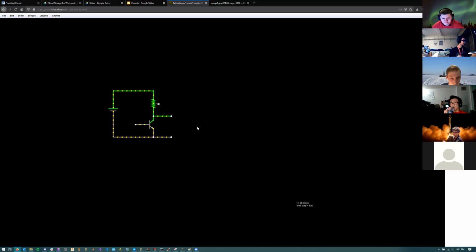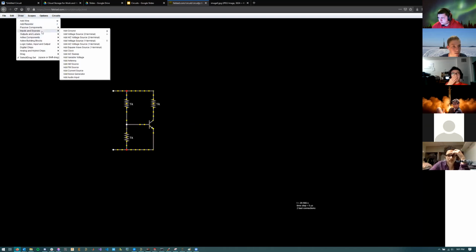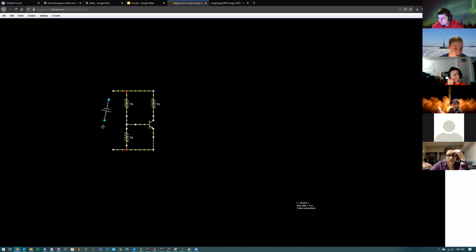And so if we take the transistor and we give it some voltage on the input, which is called the base, we get some output. Draw inputs and sources, voltage source.